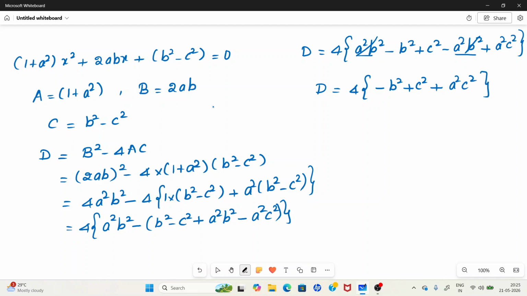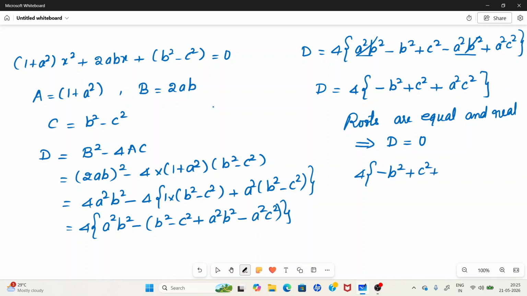Since it is given in the question that roots are equal and real, it implies D = 0. So D = 4(−b² + c² + a²c²) = 0.